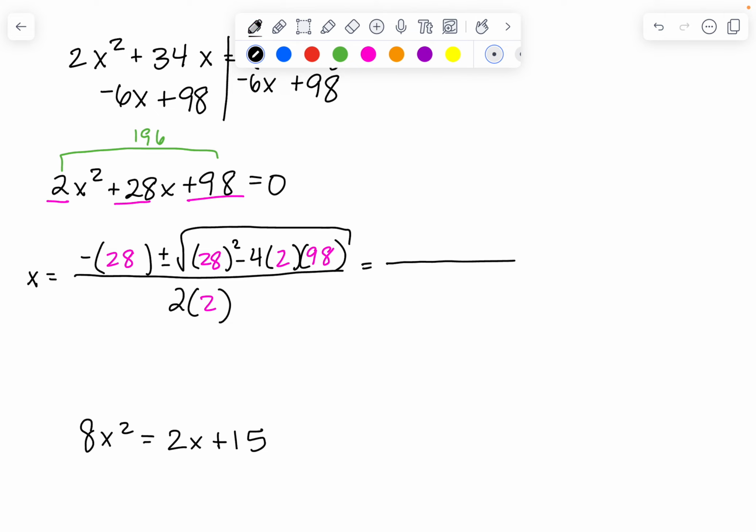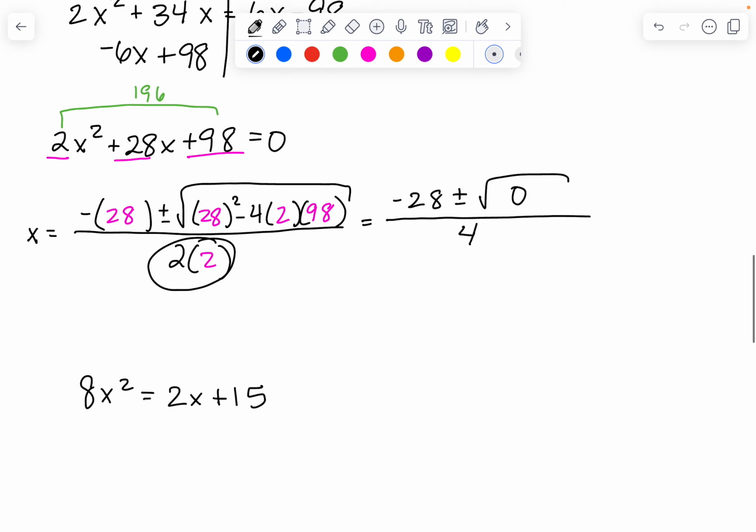Equals -28 plus or minus the square root of 0, over 2 times 2 is 4. All right, this is nice. The square root of 0 is equal to 0. -28 plus or minus 0 over 4.